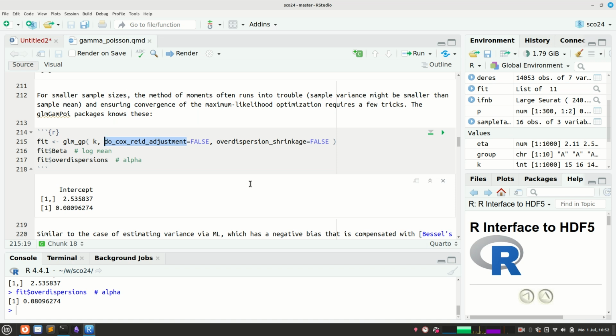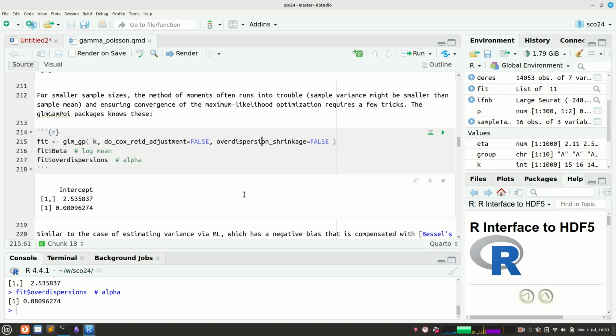And when you go to other distributions, like our gamma Poisson, you have the same issue, namely the gamma Poisson has this effect that the alpha has the role that the standard deviation has in a normal distribution. And we again have to make an estimation, and the Cox-Reid adjustment is sort of the equivalent to Bessel's correction, or the generalization of it, to the case of this distribution.